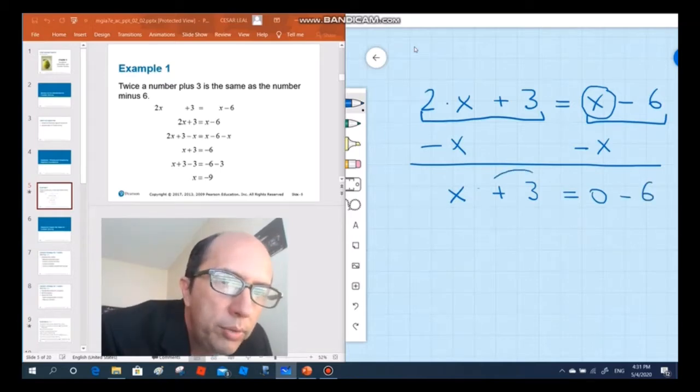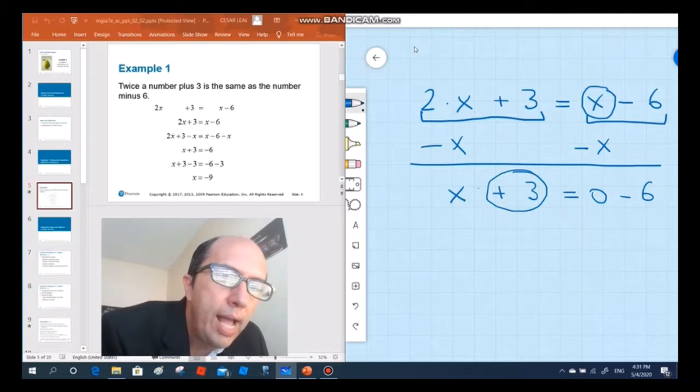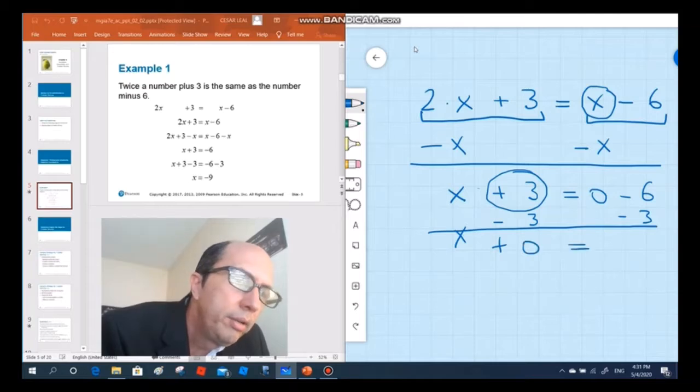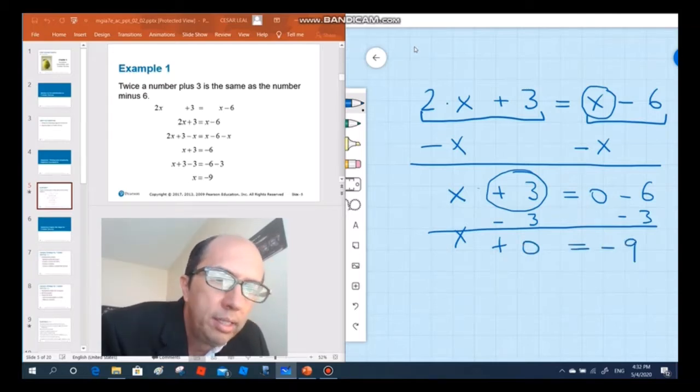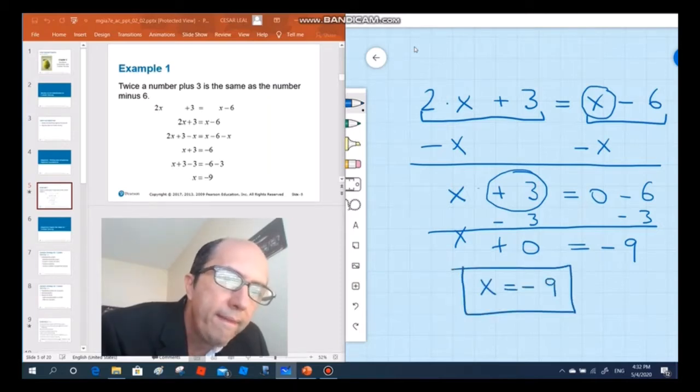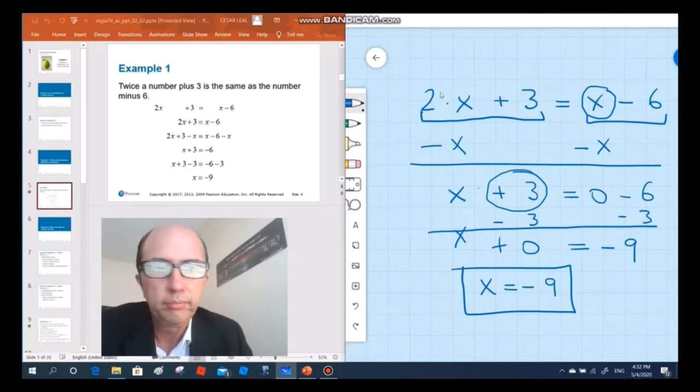And now we need to get rid of this 3, so we're going to subtract 3 from both sides. x, 3 minus 3, 0, equals negative 6 minus 3, negative 9. That means x equals negative 9. And this is problem solving.